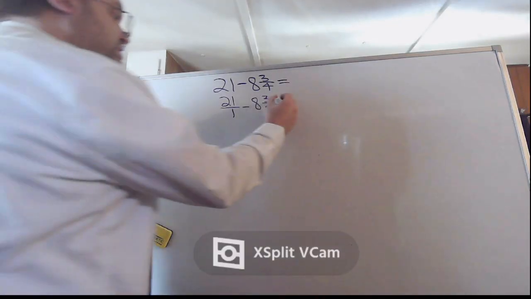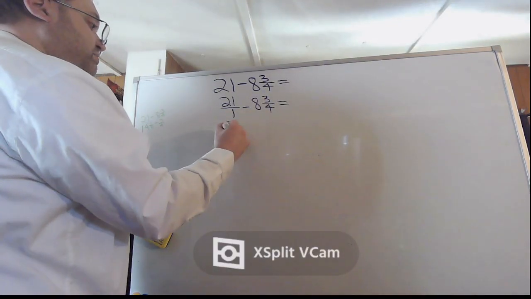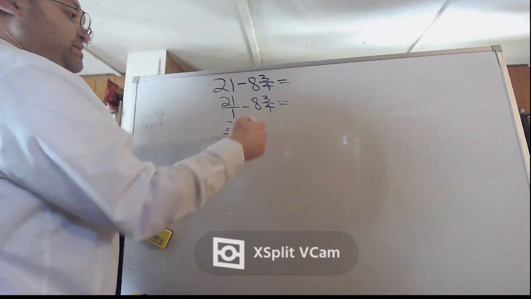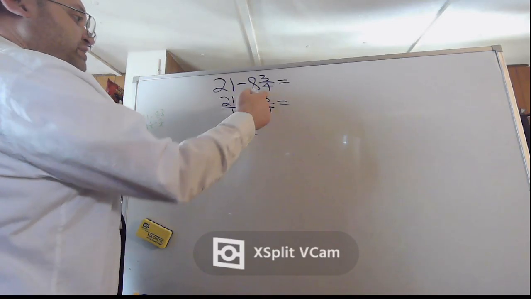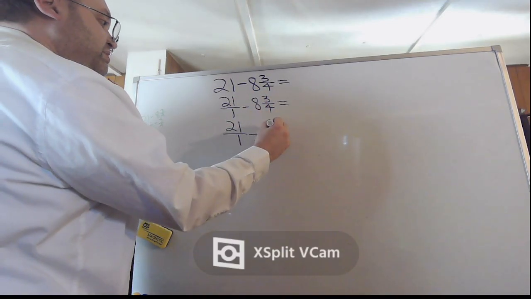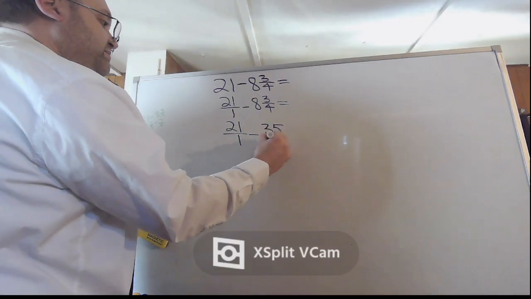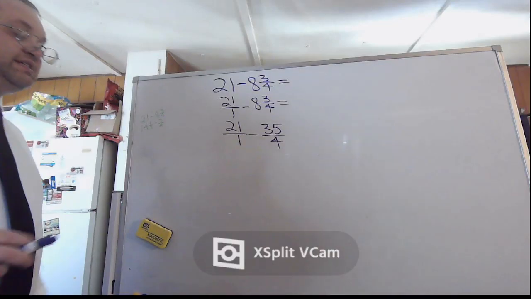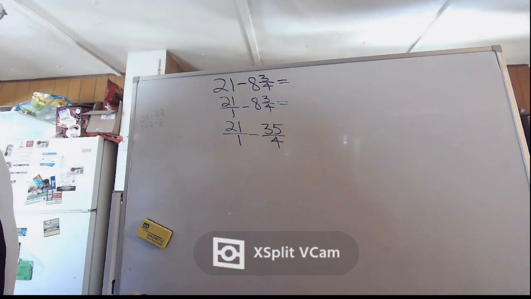So we'll have the 21 over 1 minus, okay, 4 times 8 is 32 plus 3 is 35, so 35/4. We can clearly see that 4 is going to be our least common denominator here.